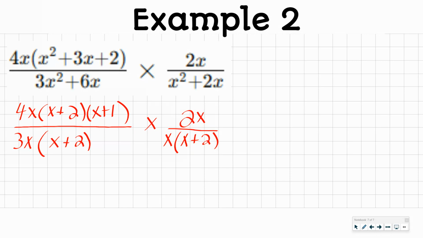Now let's see if we can simplify them before we multiply. I'm going to definitely bring out that x there. I'm going to definitely bring out that x plus 2. That matches. Is there anything else that I can take out?